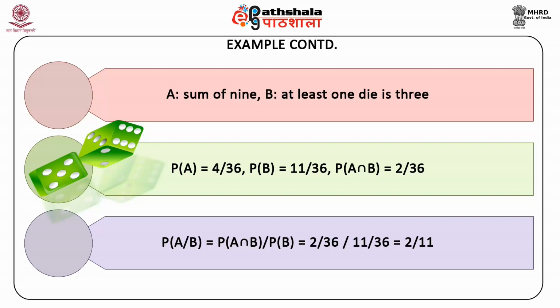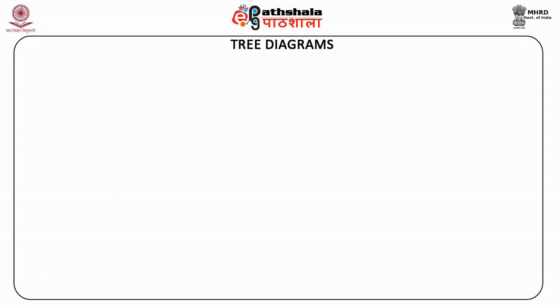In other words, the assumption that one of the faces of a die is a 3 reduces the total possible outcomes to 11, of which only two outcomes, (3,6) and (6,3), are favorable to A. Since all 11 outcomes have equal probabilities, the probability of A under the assumption that B took place is 2 upon 11.